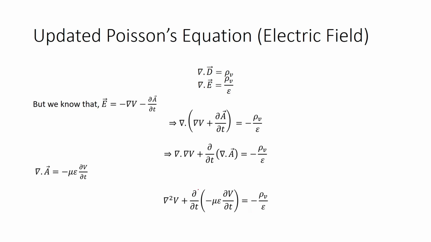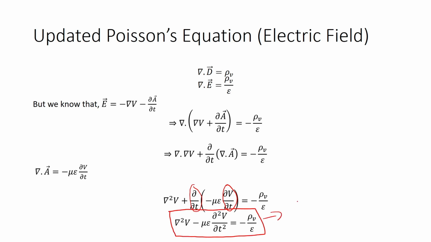Now, this is nothing but the double differentiation of the potential. So, this equation reduces to the Laplacian of V minus mu epsilon times dou square V by dou T square is equal to minus rho V by epsilon, and this is the updated Poisson's equation for scalar electric potential.